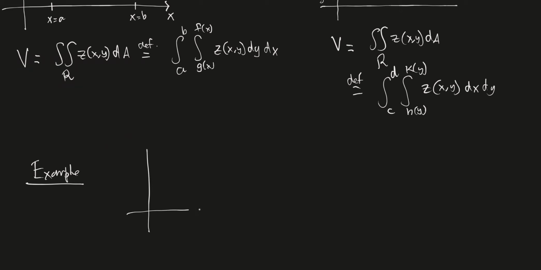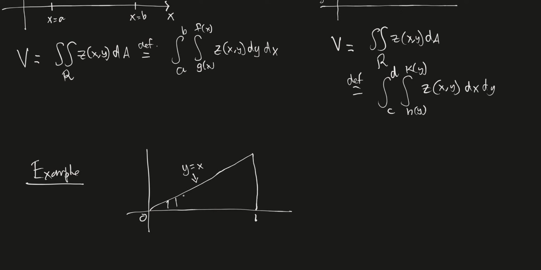So let's say the region is, let's make it a rectangular region, right? Not rectangular, sorry, a triangular region. So let's say this is our triangle, and x goes from 0 to 1, and this line right here is just a simple line, y equals x.